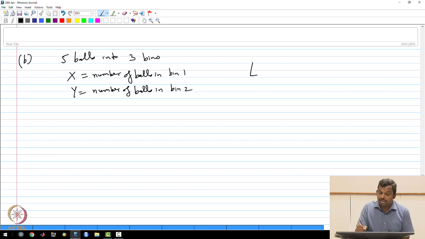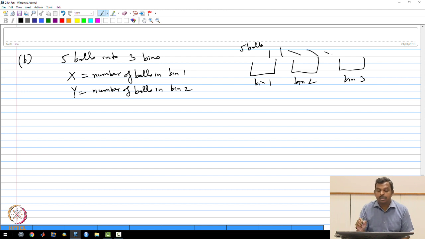That we won't change. Remember, there's 3 bins now. It's not just 2 bins. And then we're still throwing 5 balls. So this could go anywhere.